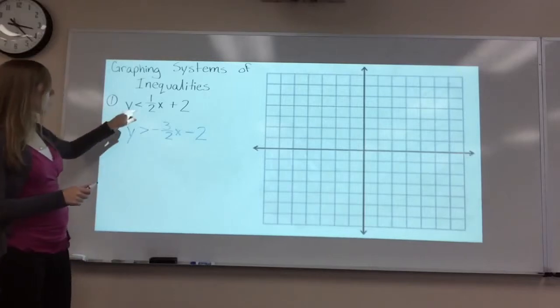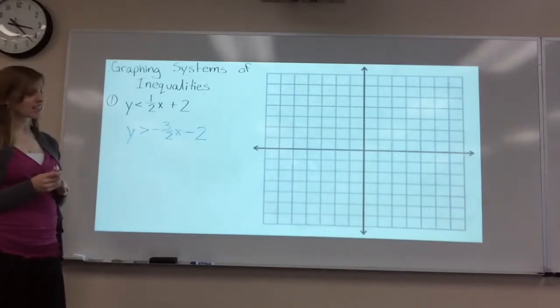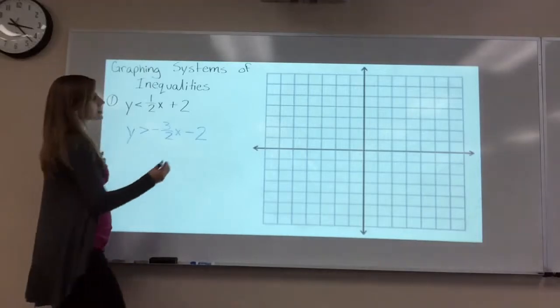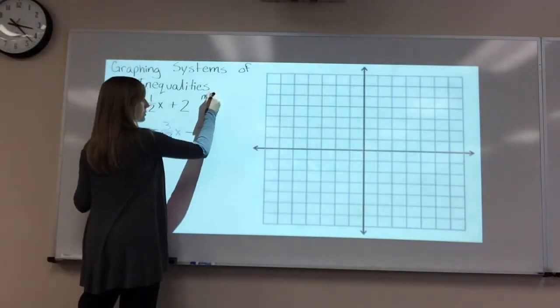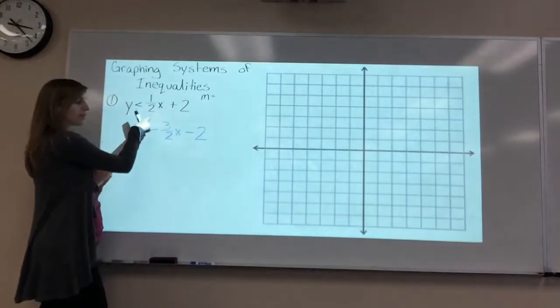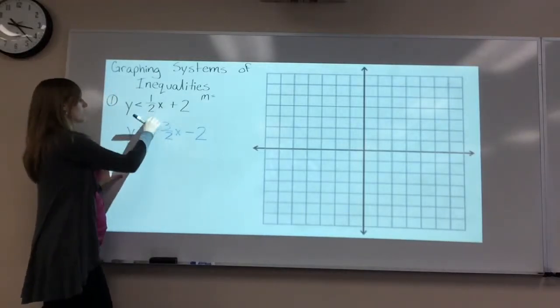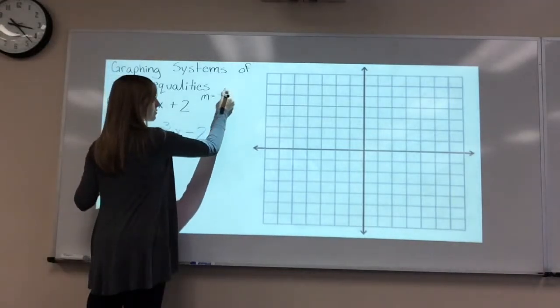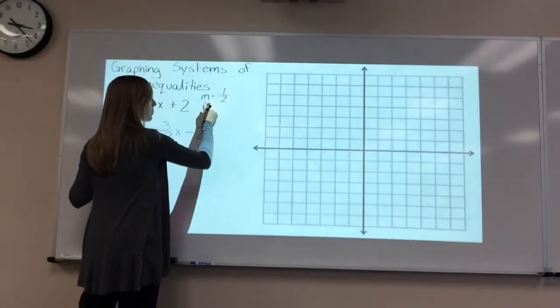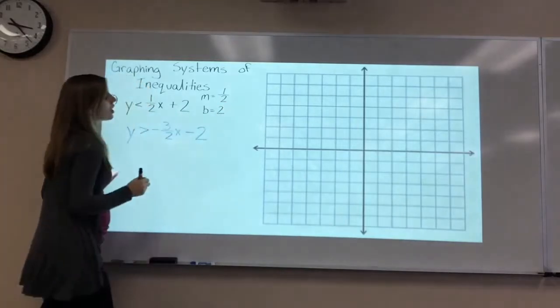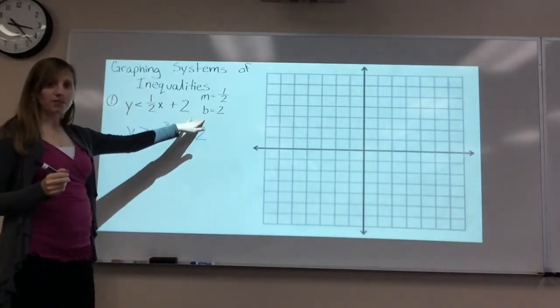For our first inequality, we have y is less than 1/2 x plus 2. So to graph this, I need to know the slope. And remember, my slope is just the number in front of x as long as it's in slope-intercept form, which it is. So the number in front of x is a positive 1/2. And then my y-intercept is positive 2. Always graph that y-intercept first.